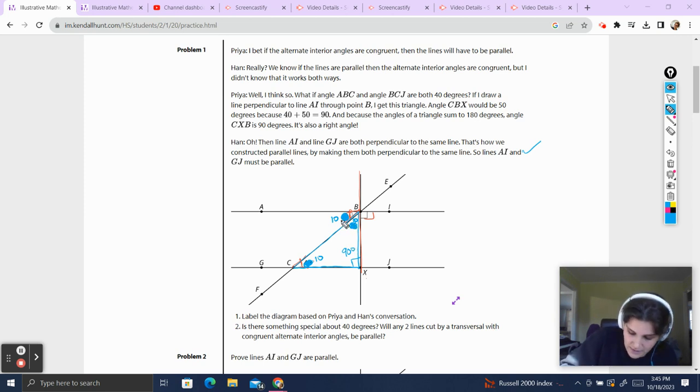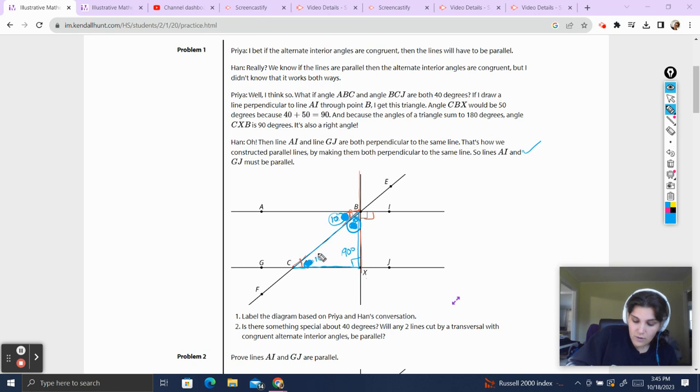And what we notice is these two are always going to have to add up to 90. And these two, because this and this will be the same, will always add up to 90. Therefore, this angle will always be 90, because these two angles will always add up to 90. So this angle and this angle will add up to 90 degrees, because we'll always have this as a perpendicular.